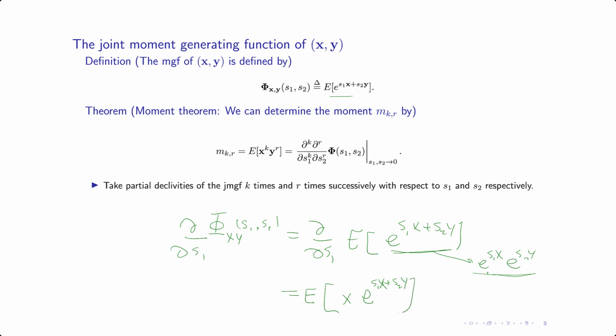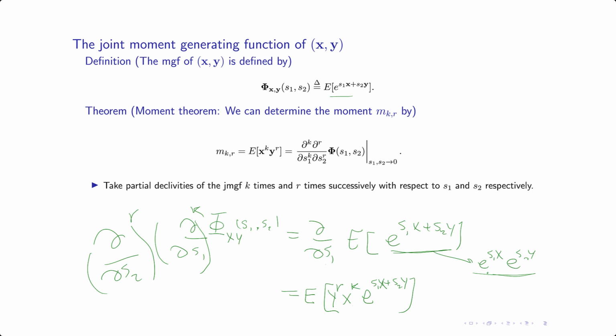If you take the derivative again and again, k times, you get x to the power of k here. If you now take the derivative with respect to s2, r times, you also get y to the power of r; each time you calculate the derivative, you get one extra y.